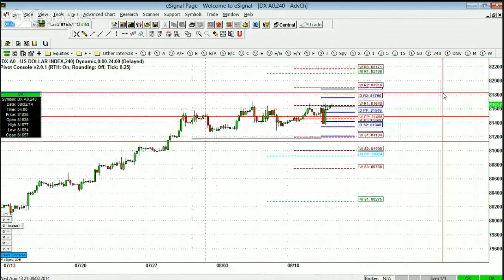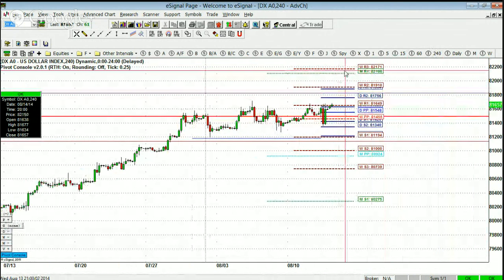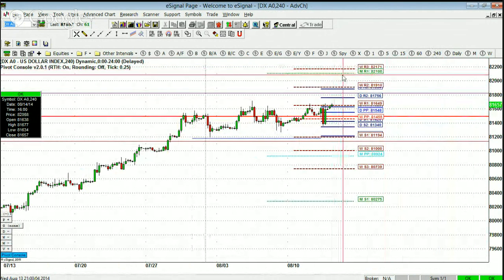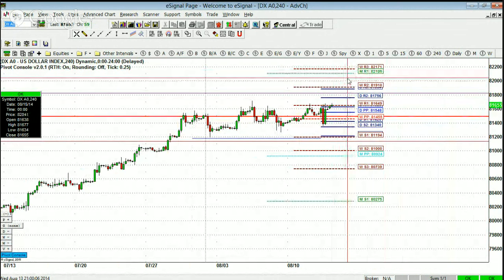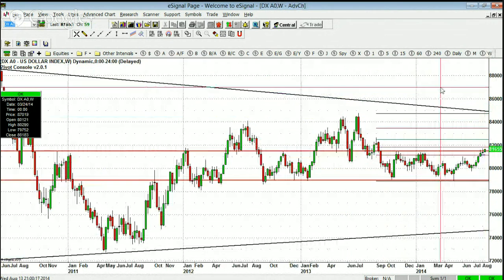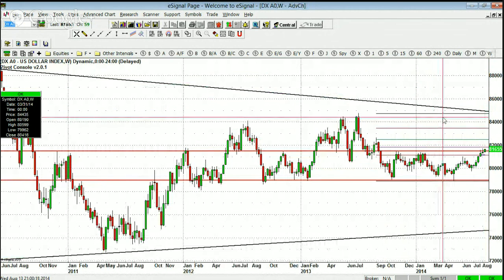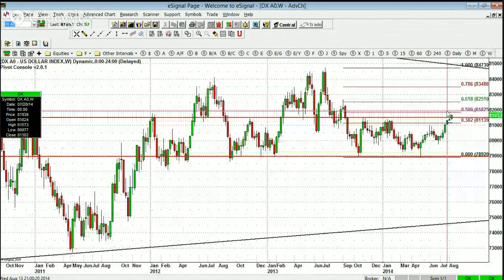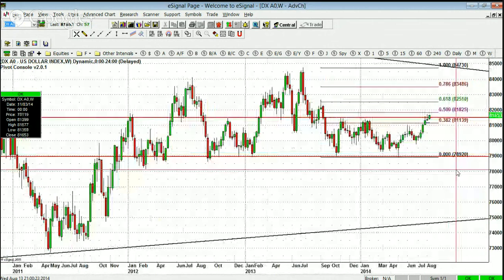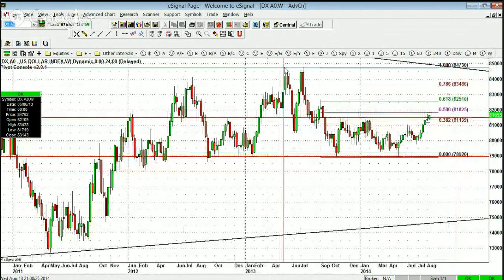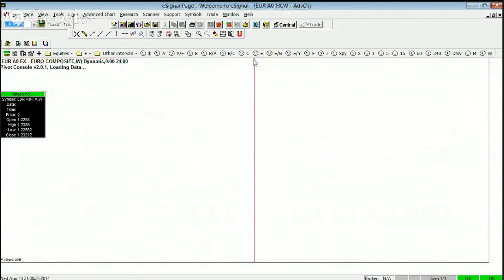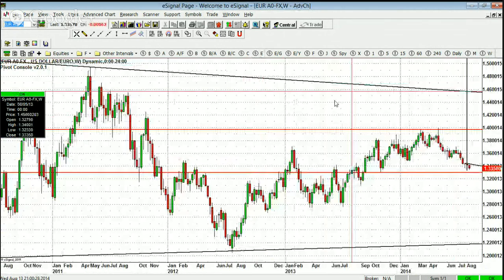The distance between 82.10 and 81.90 is not really that far, so that could be an area of significant resistance for the US dollar, and that is where this market could eventually top out before heading down. If that does happen, we will see a huge move up in the euro currency.